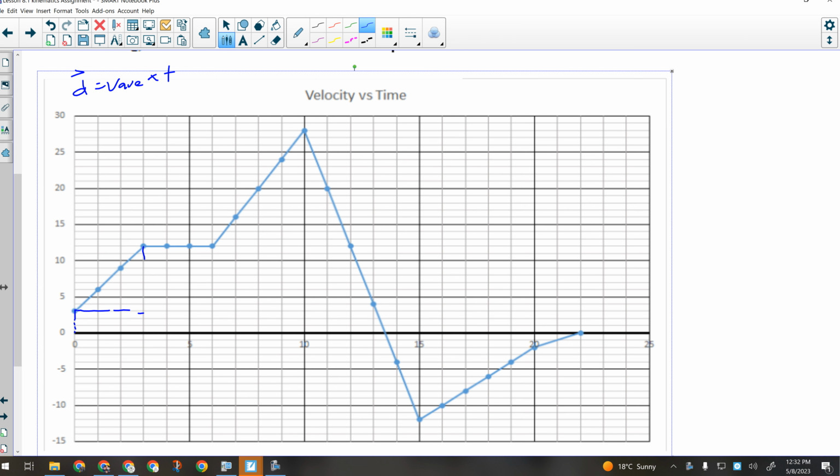And everybody's shapes might be a little bit different, and that's okay. That's all one.